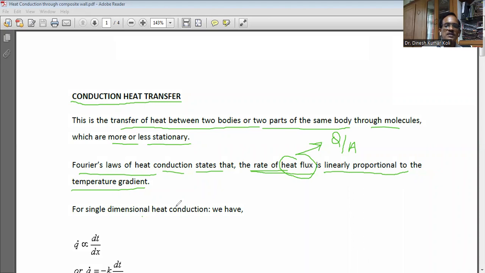So for a single dimension, q dot is the heat flux, and q dot is proportional to dT by dx. So dT by dx is the temperature gradient with respect to length.